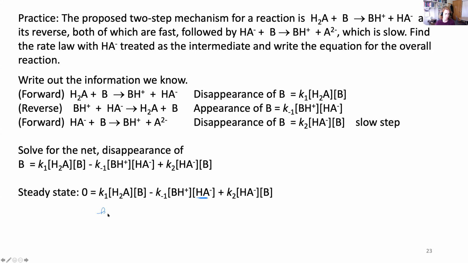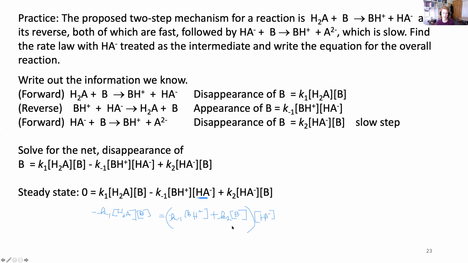So we're going to do K1 H2A B, B is not the intermediate, B I can measure, equals negative K minus 1 BH plus plus K2 B, and that is factoring out HA minus. There it is, HA minus.